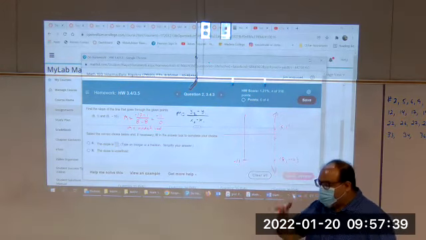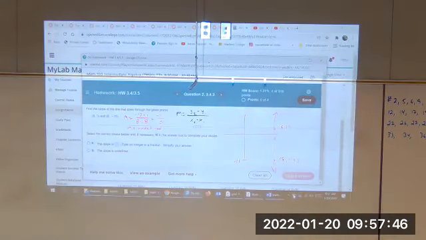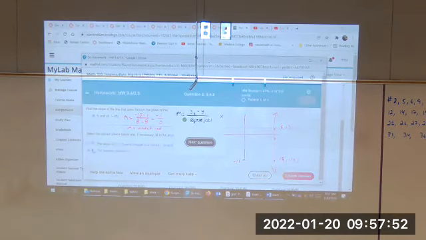That's what vertical is. If x is the same, it's going to be vertical. The slope is undefined. Good job. I always like to pat you right on the back. Next one we're going to do is number 5.